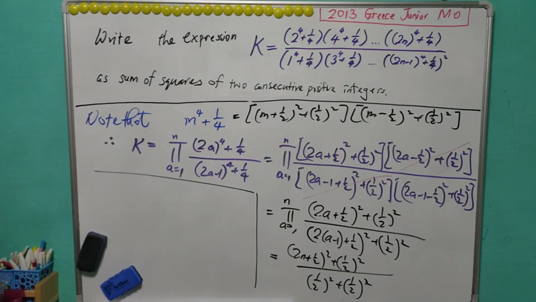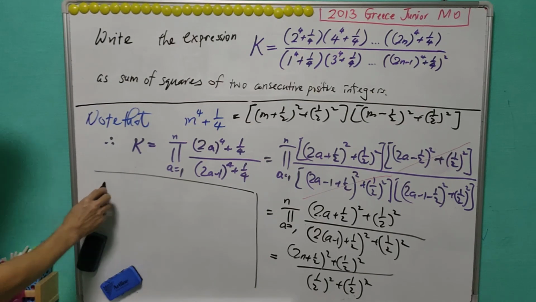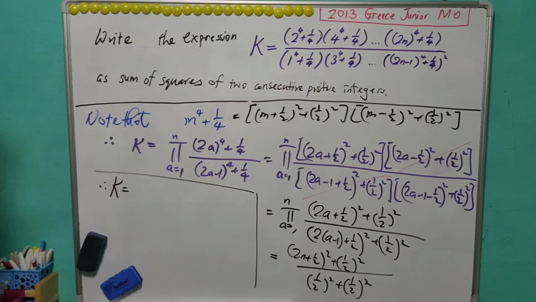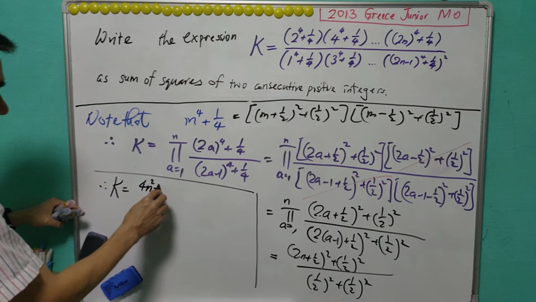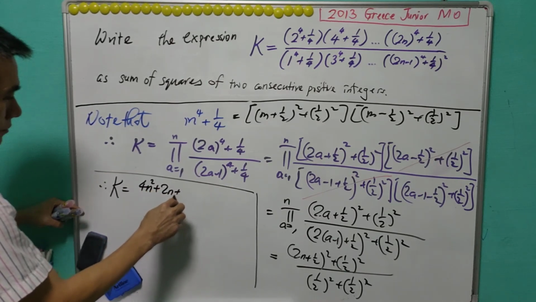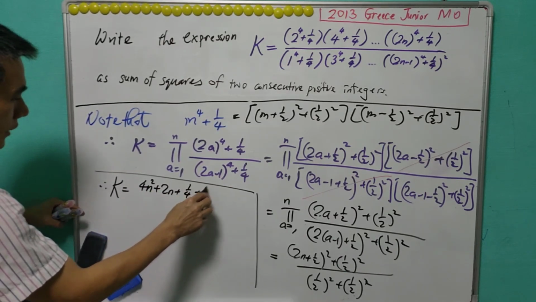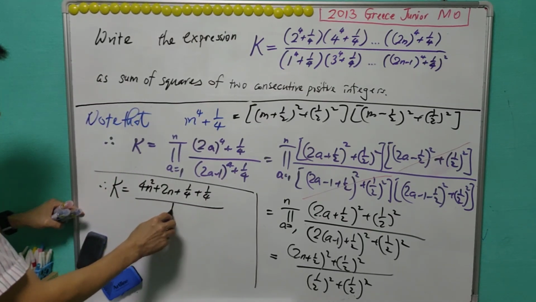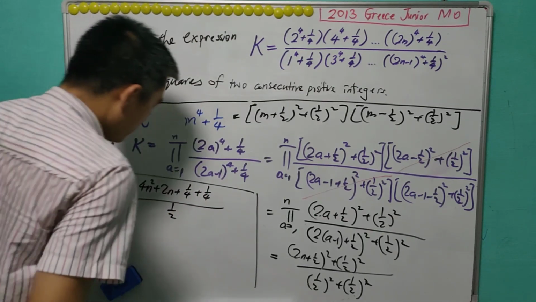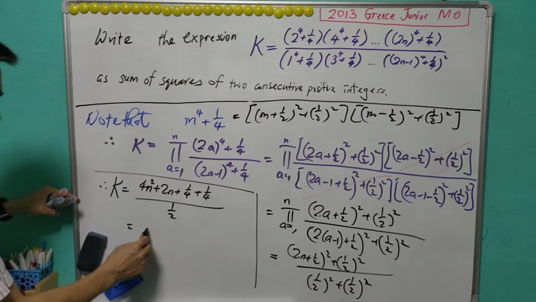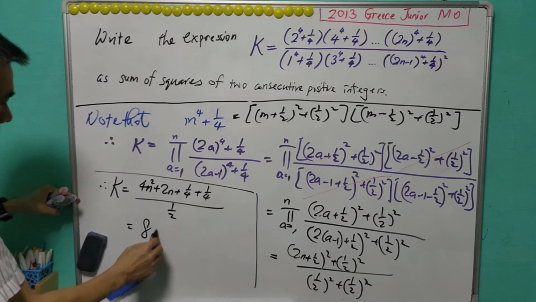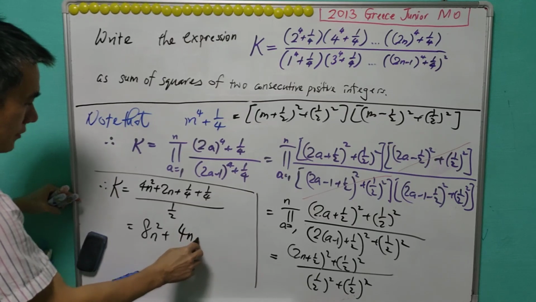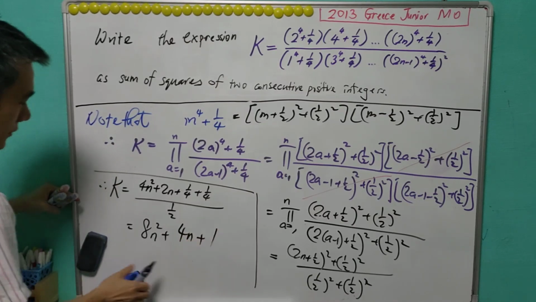I'll continue here. So what we have here, k is equal to 4n squared plus 2n plus 1 over 4 plus 1 over 4. And for the denominator, 1 over 4 plus 1 over 4 is 1 over 2. So this will be equal to 8n squared plus 4n plus 1.